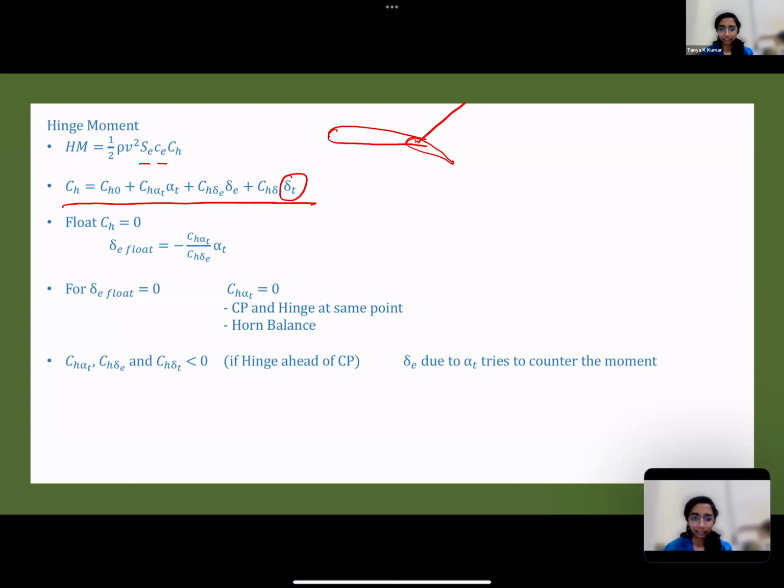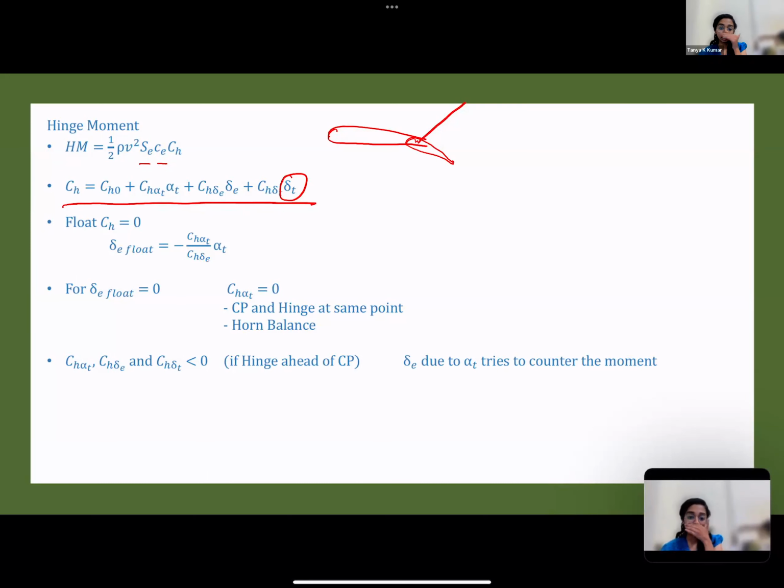Sir has discussed this extensively. What is delta T? Any guesses?